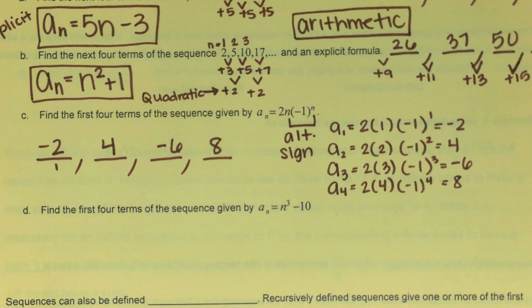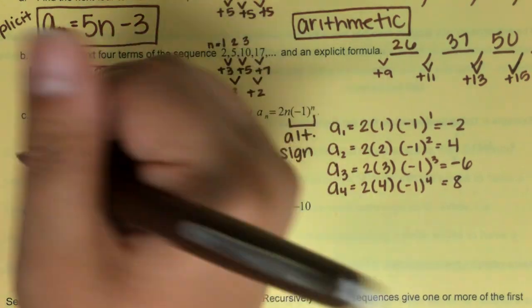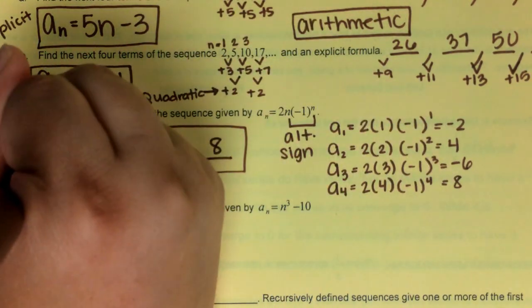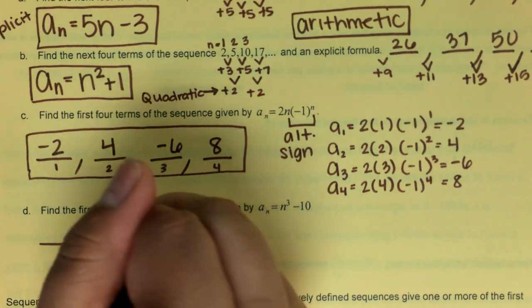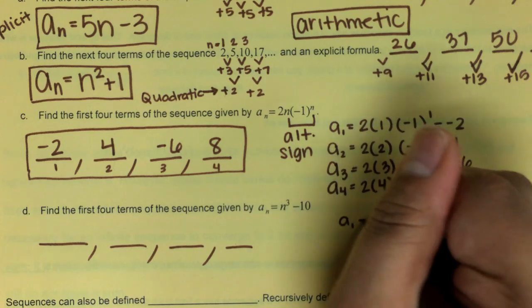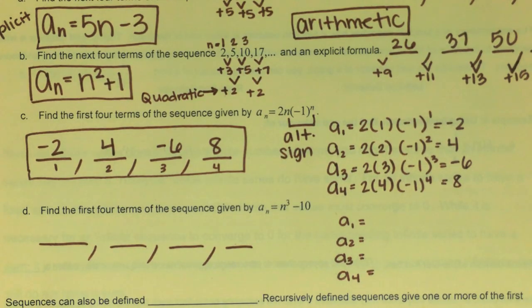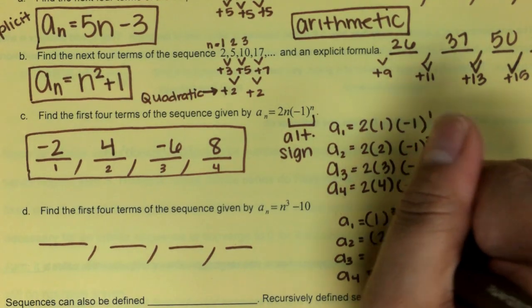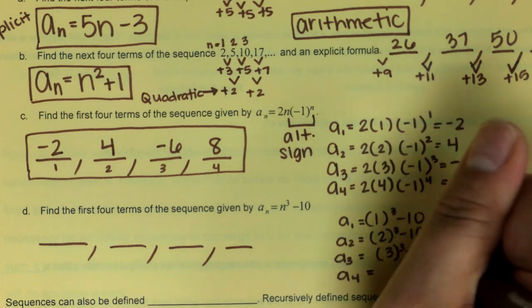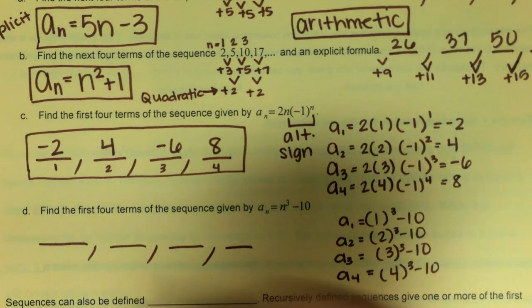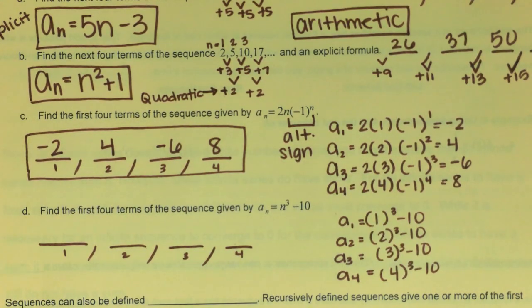All right, I want you to do the last one on your own. Go. Oh, by the way, this is the answer. Are we done or do we need more time?